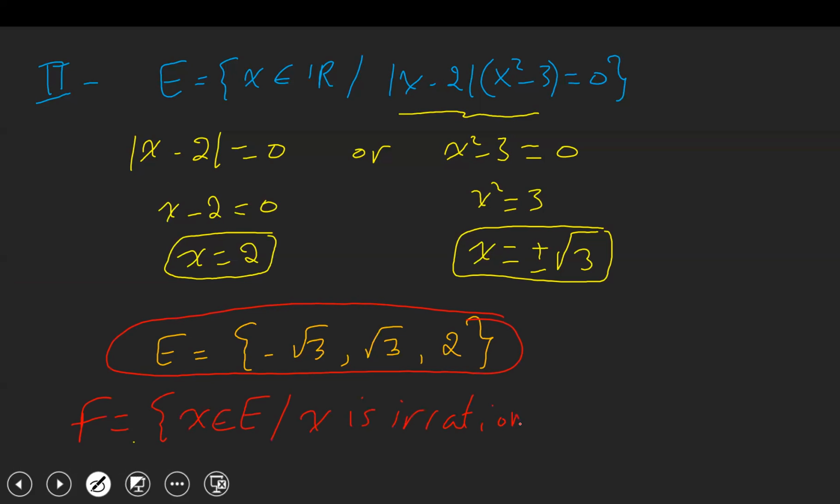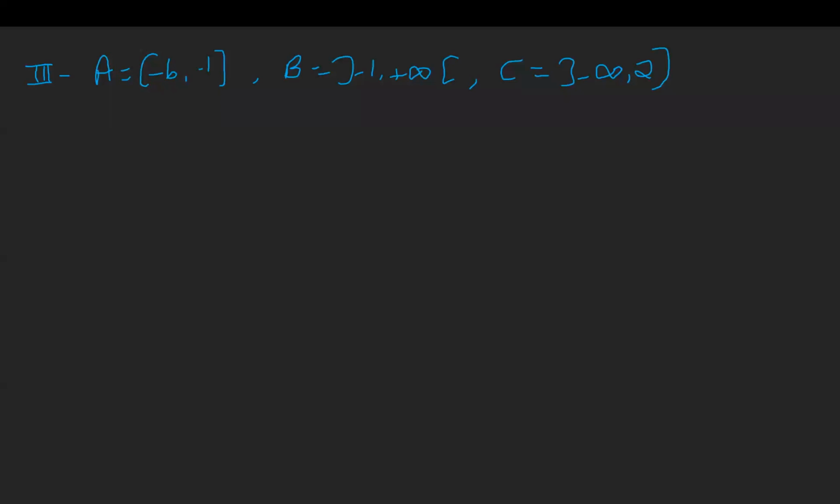What are the irrational numbers? They cannot be written as a fraction. It's found in E: 2. 2 is rational. 2 is not only rational, 2 is also a natural number. So the irrational numbers in E are minus radical 3 and radical 3. This is in extension. Okay.